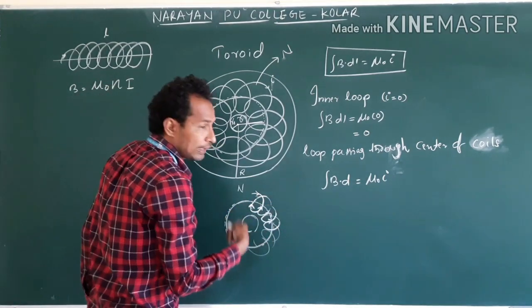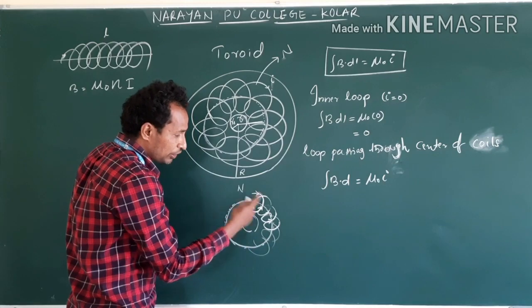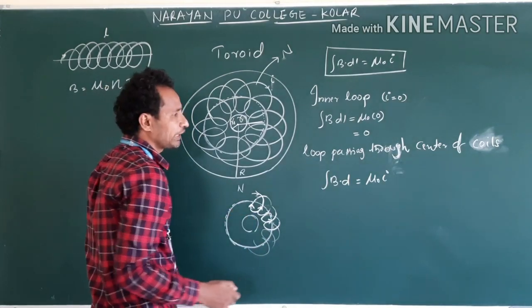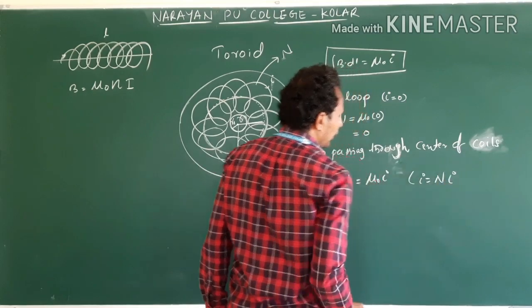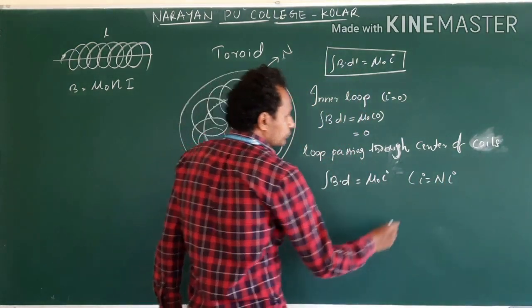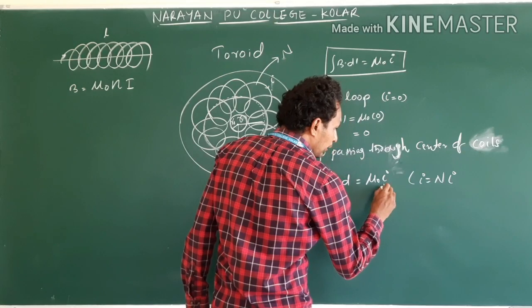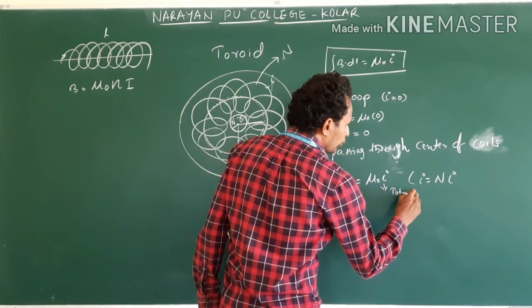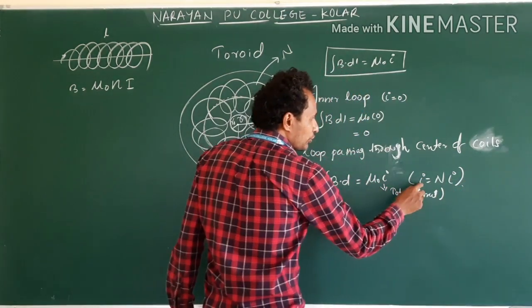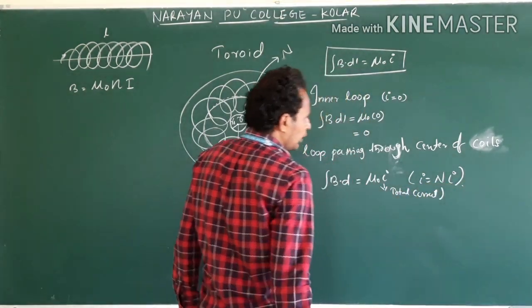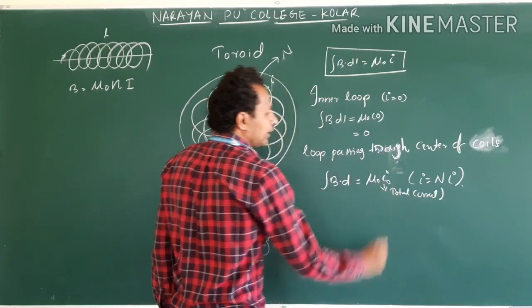So the total current enclosed by the loop, we can write here I is equal to capital N into I. Clear? Here, what is this I? Total current or net current. Don't confuse the two I's, or you take this as I naught.